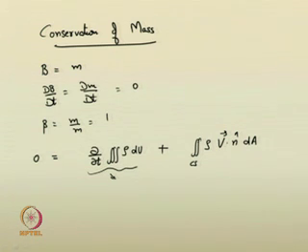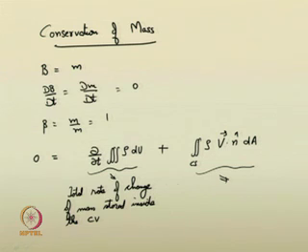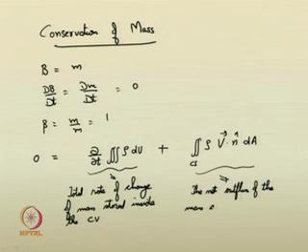The first term suggests the total rate of change of mass stored inside the control volume, and this quantity gives the net outflux of the mass of water across the control surfaces of the control volume.